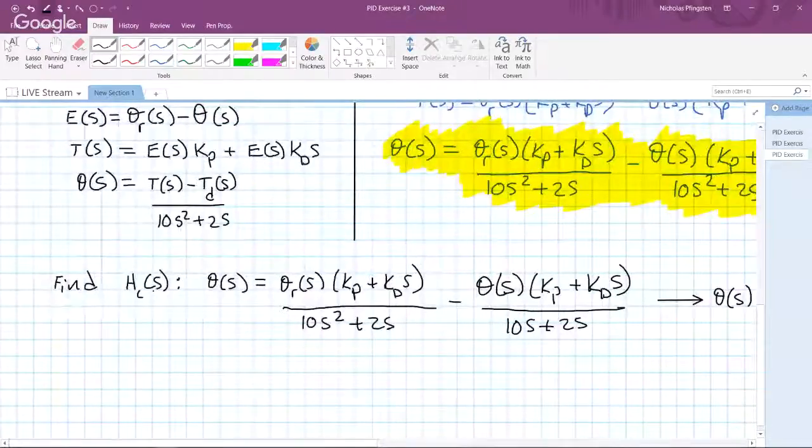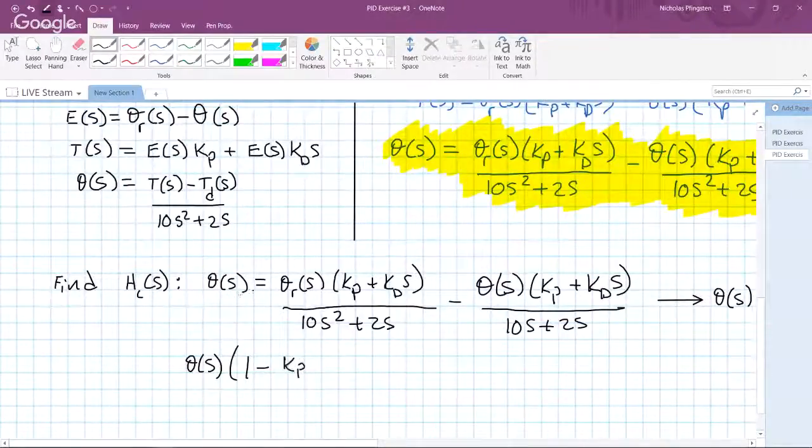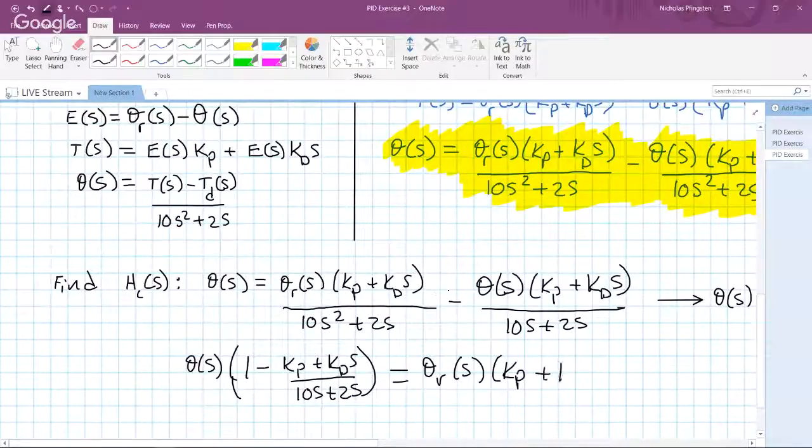I know that this theta of S just turns into 1 minus (Kp plus K sub D of S) all over 10S plus 2S. I know that will equal theta of R of S (Kp plus K sub D of S) all over 10S squared plus 2S.